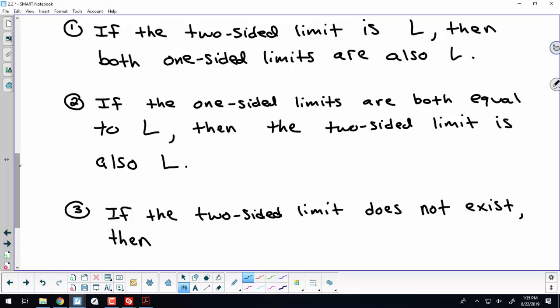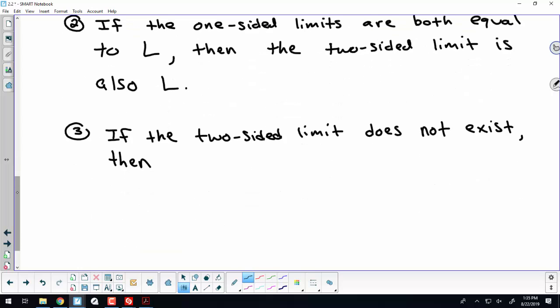They have different values. Right, good. They have different values. So if the two-sided limit does not exist, then the limit as x approaches a from the right on this function does not equal the limit as x approaches a from the left.